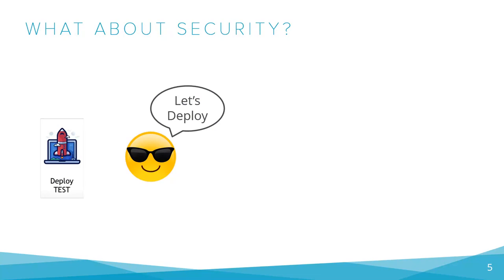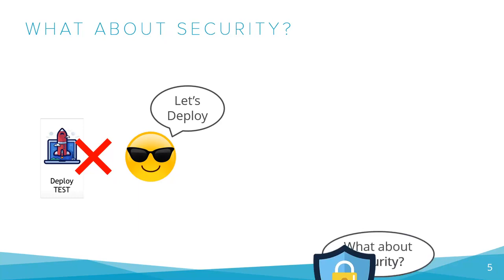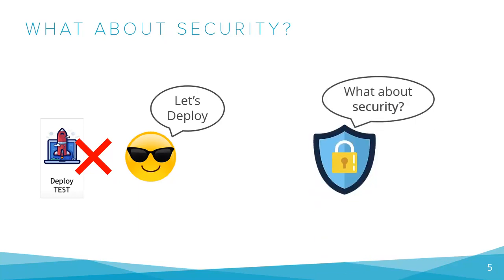Okay, then the application is deployed into production and we think the job is done. But is it really done? Because what about security? Be it any industry, like healthcare, banking, social media, etc., security is of prime importance. Breaches and data leaks are detrimental to your businesses.